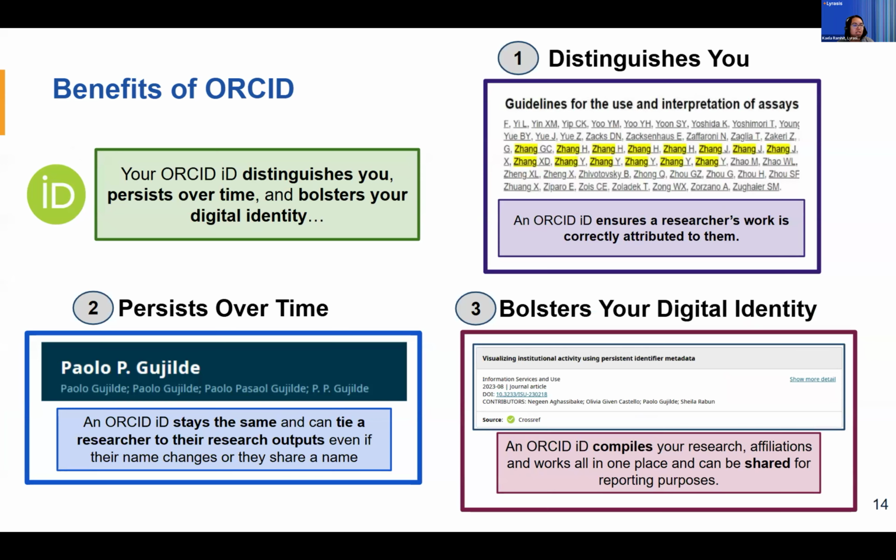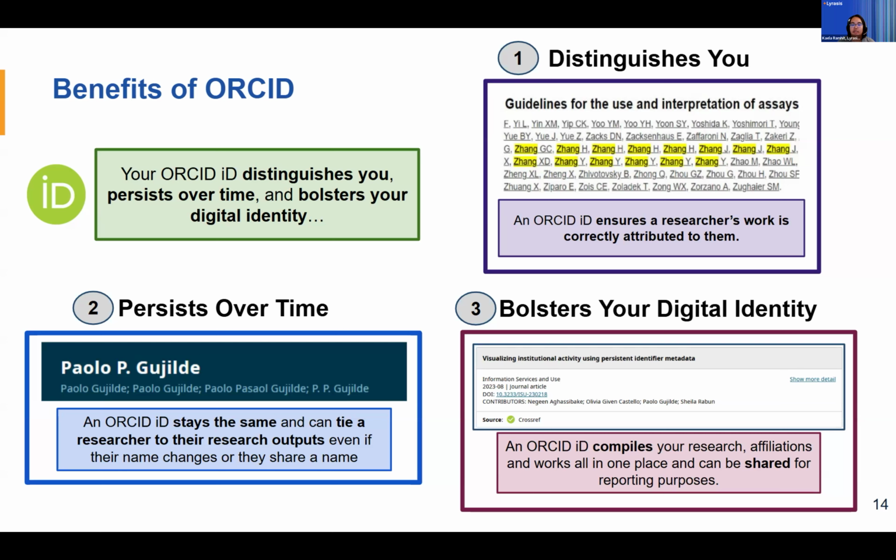And if your name changes or you use different versions of it in research outputs, people will be able to follow you throughout your career. In this example, we have Paolo, who has used Paolo Guhilde or Paolo PP Guhilde, and so we'll know that those works are the same person.